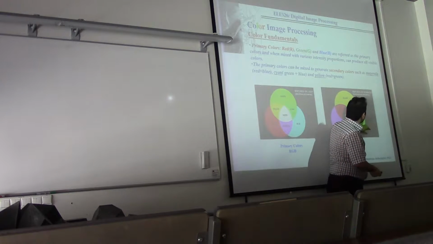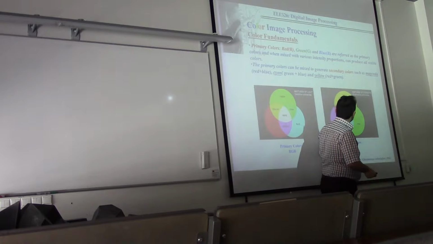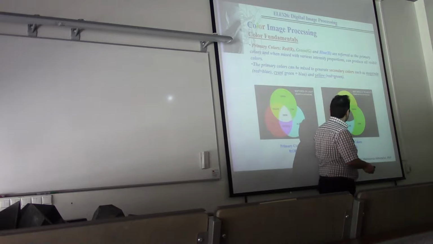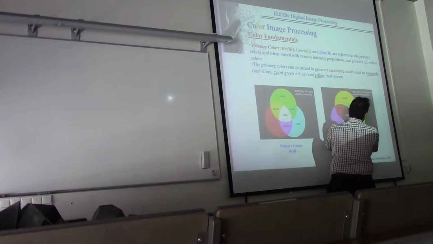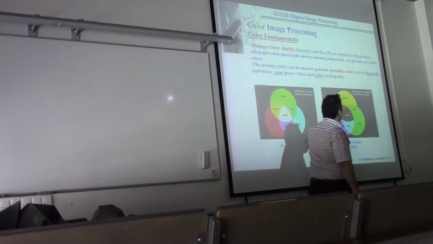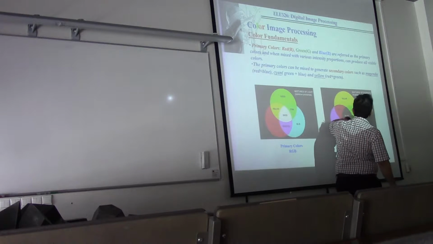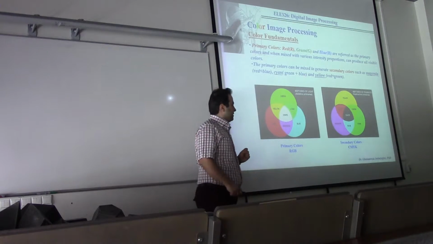When we mix cyan and yellow, we can generate green, and when we mix magenta and cyan, we can generate blue. And when we mix all three secondary colors, we generate the black color in the middle of the circles.